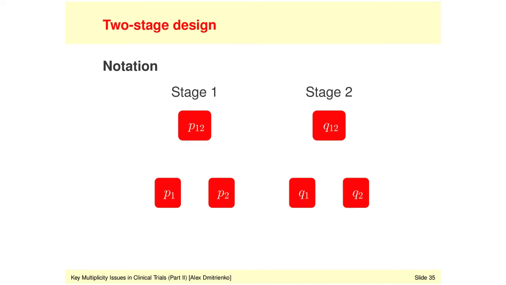We see that within each stage we see a set of intersection hypotheses and associated local p-values, and our next task will be to understand at which significance levels each one of those p-values needs to be tested to help control the overall alpha.